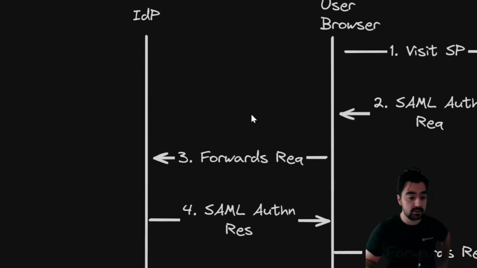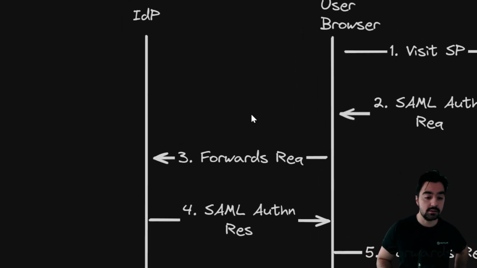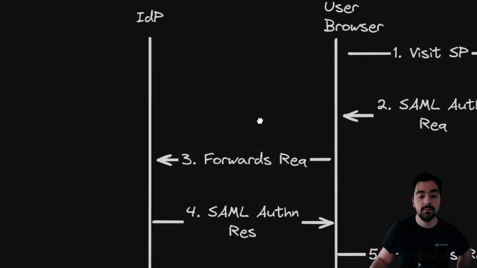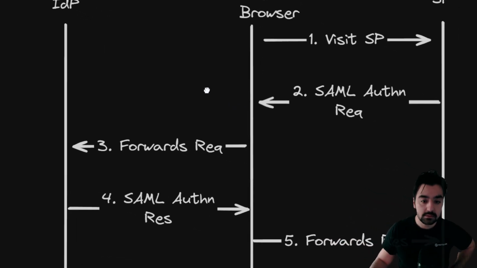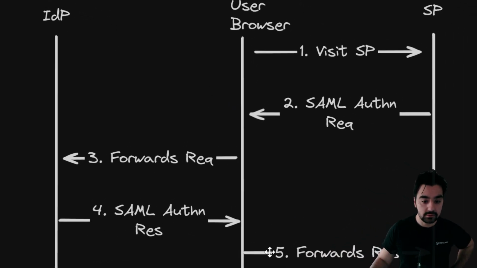In the next step, the identity provider issues the SAML authentication response alongside some information for validation that we will look into, and sends this information back to the user browser.